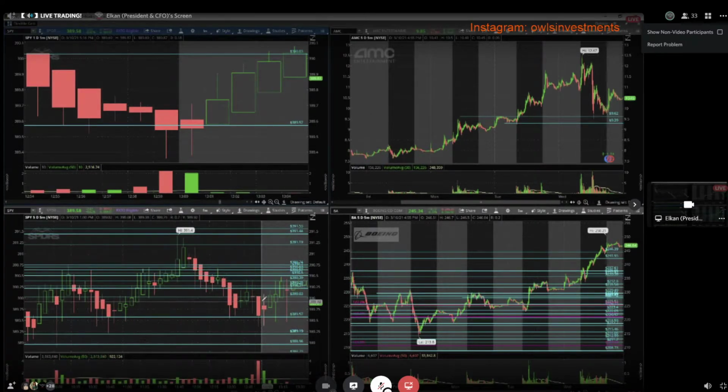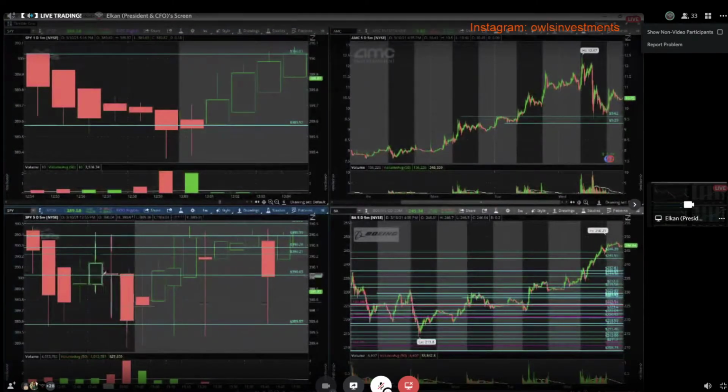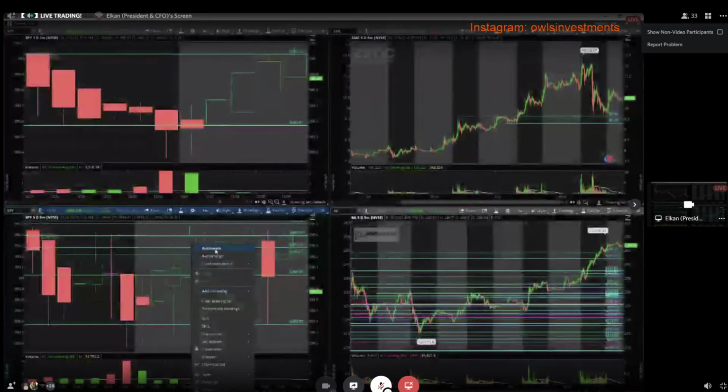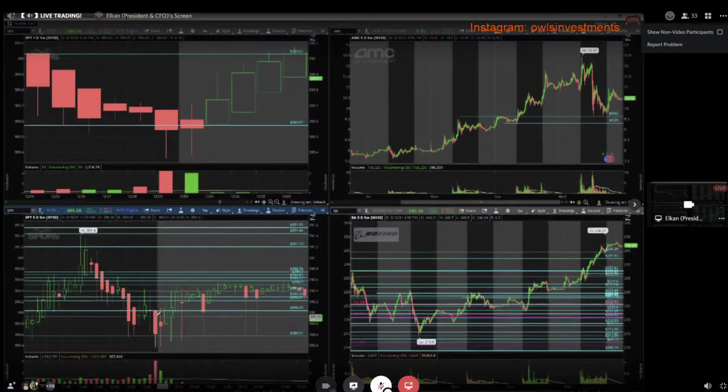So let's say here, I see something similar. I see a downtrend. We got a high, we got a downtrend. There's support. We play a little below support, but I also see a lot of buying coming here.